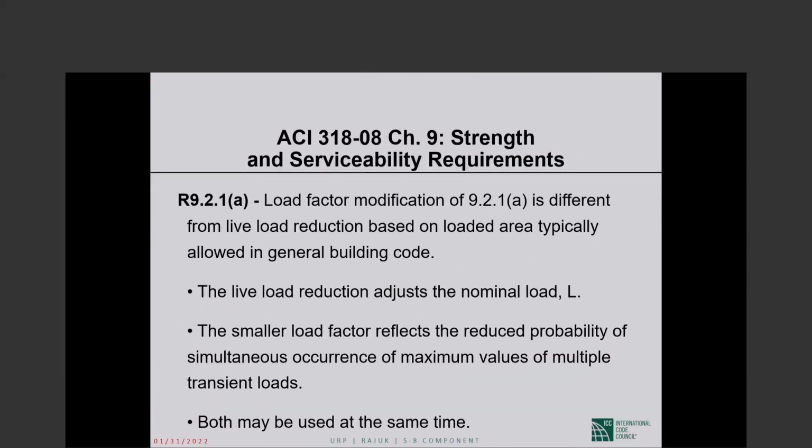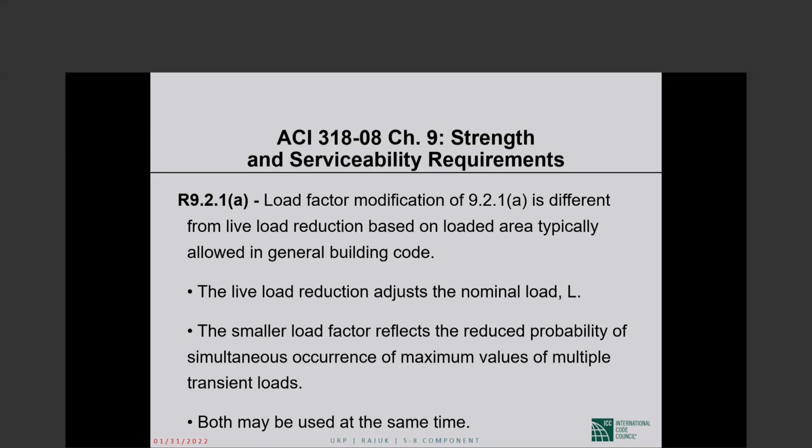Now, not our office, ACI 318 as a committee got a significant number of inquiries about what I just talked about. Okay, so live load is allowed to be reduced, as we will see.